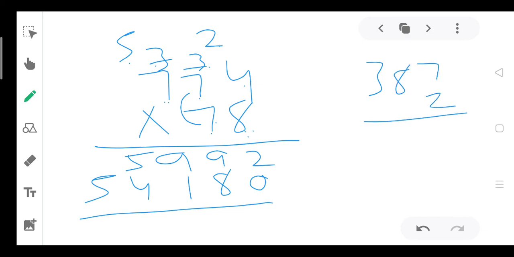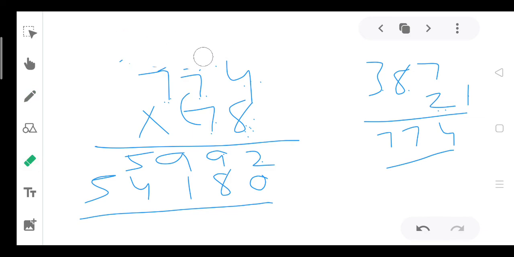387 by 2, 7 2s are 14, 1 carry, 8 2s are 16 plus 1, 17, 3 2s are 6, 7. Up to here it was fine. 8 4s are 32, 3 goes as the carry, 8 7s are 56 plus 3, 59, and 5 goes as a carry. 8 7s are 56 plus 5, it is 61. Here we have done one mistake, so I am going to correct this.